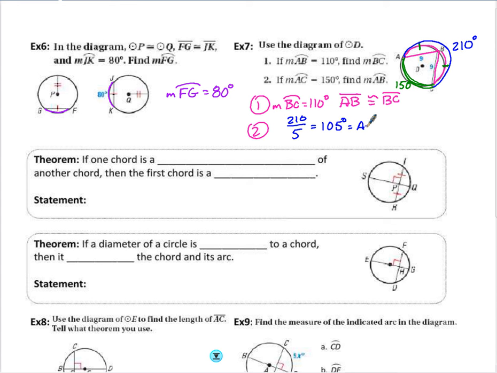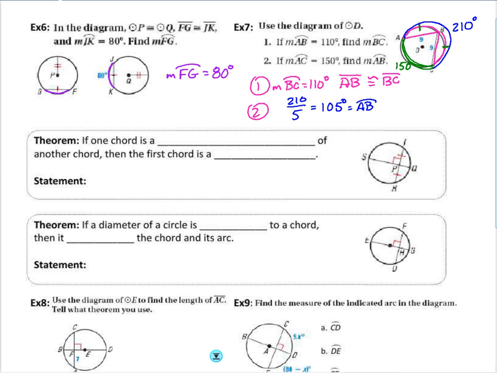Alright, so we know that if two chords are congruent, then their arcs are congruent. The arcs of the chords are congruent. If one chord is a perpendicular bisector, those are two words that we've heard before, perpendicular bisector.